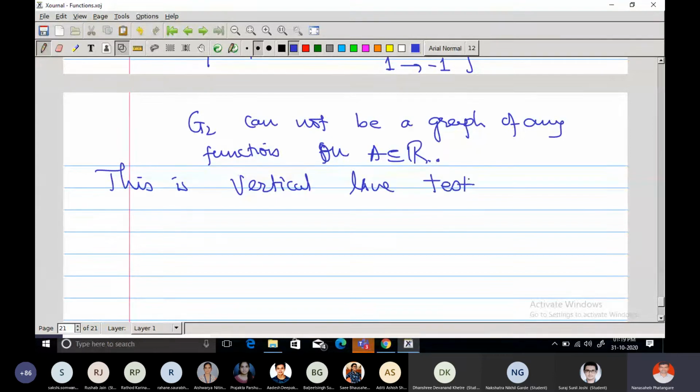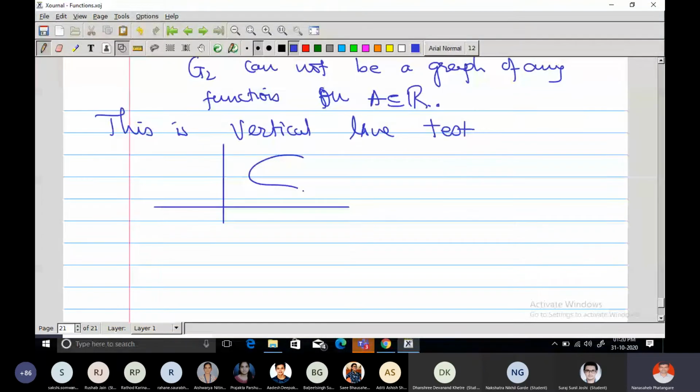So the vertical line test: if you draw a vertical line and it intersects at two distinct points, then certainly it is not a graph, because the corresponding point has two distinct possible images. Suppose I draw this curve, is it a graph of some function? No, right?